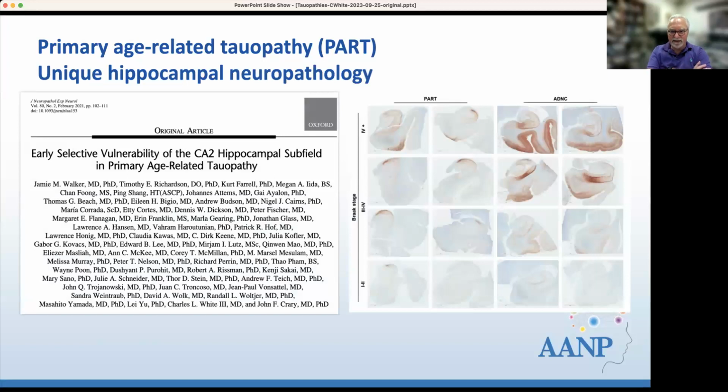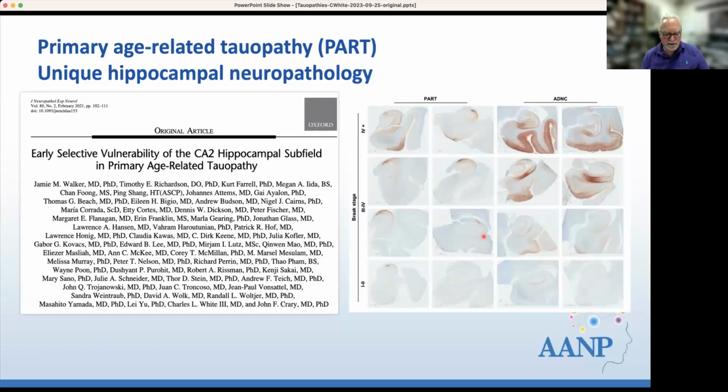Subsequent to that, another finding published in 2021 by Jamie Walker, Tim Richardson, and John Crary is that in contrast to ADNC, which when it involves the hippocampus proper tends to affect the CA1 region of the pyramidal layer early on, in PART there was often a finding that the CA2 area, illustrated here in these 3 cases, was primarily involved early on.